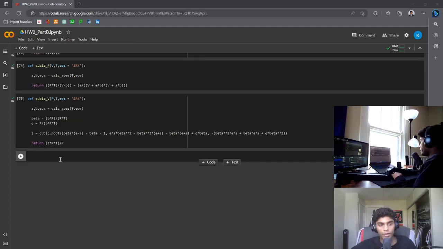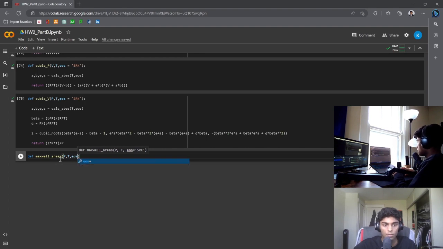Now the last thing that we need to do here is we're going to define one more function, and we're going to call this Maxwell areas. What we're going to take in is P, T, and the EOS, which is going to be equal to SRK, of course.